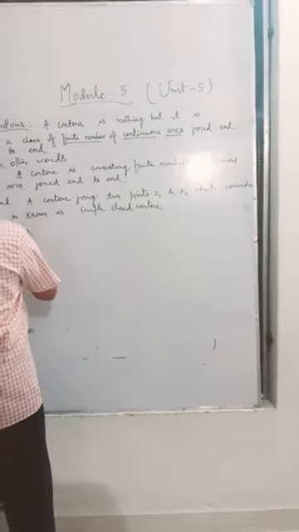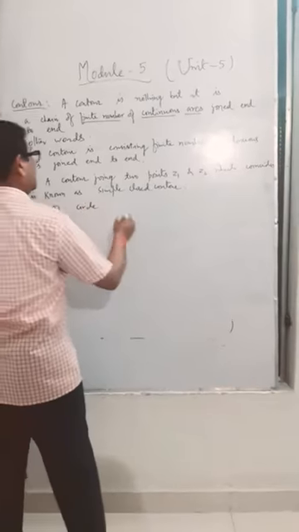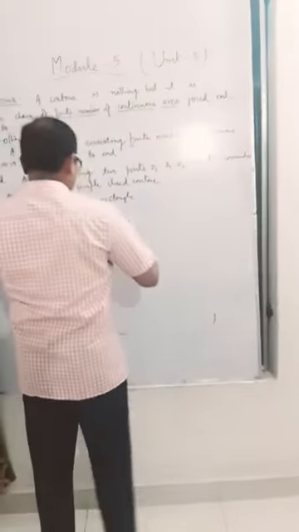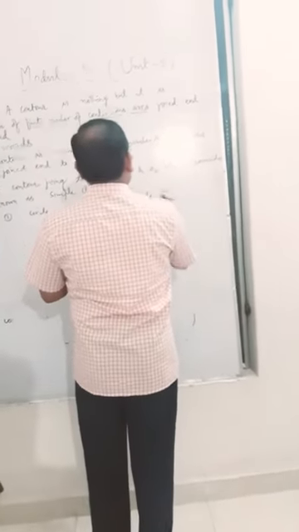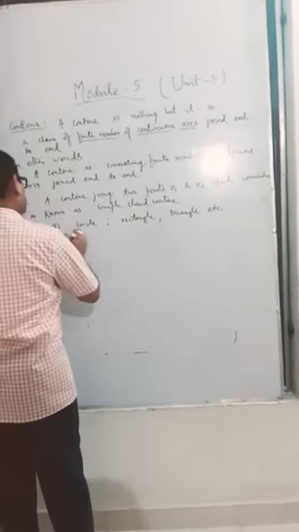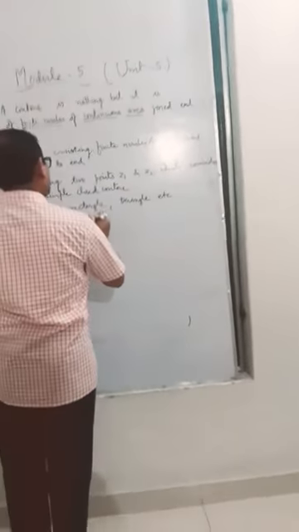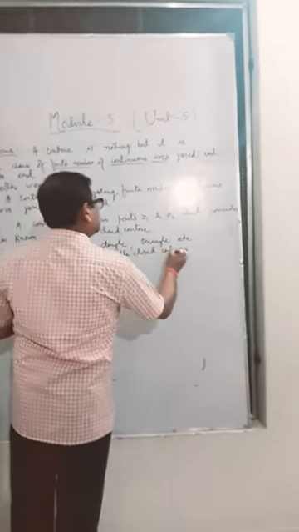The examples are circle, rectangle, triangle, etc. These are examples of simple closed contours.